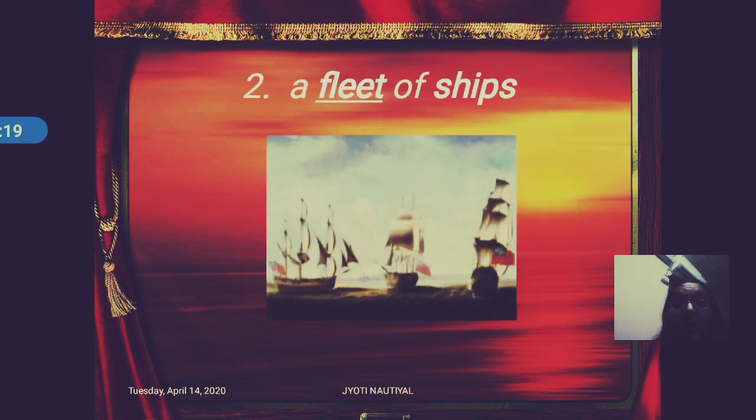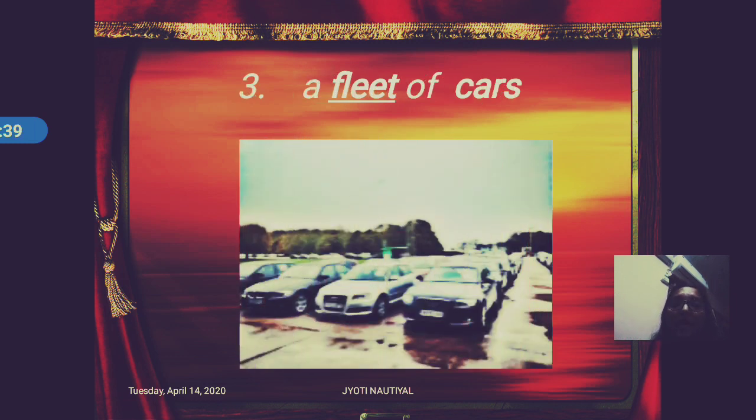When you see many ships together at the same place at the same time, many ships one beside the other, that sight, that view is called a fleet of ships. Similarly, we have a fleet of cars when you see many cars together.